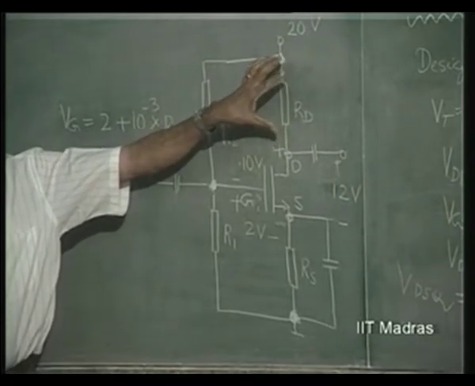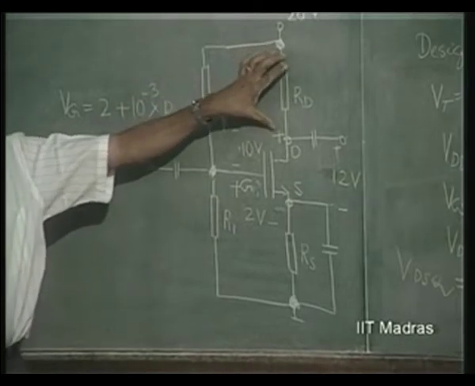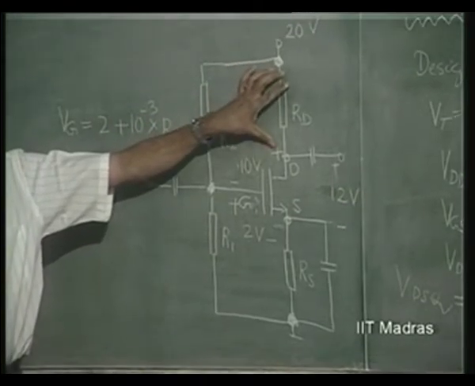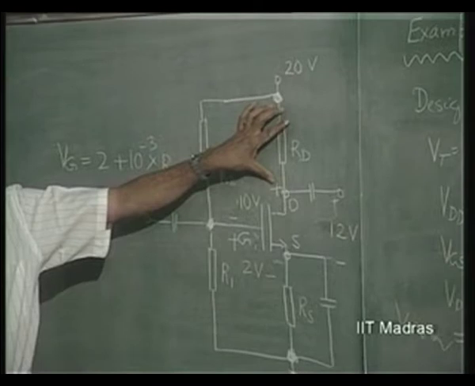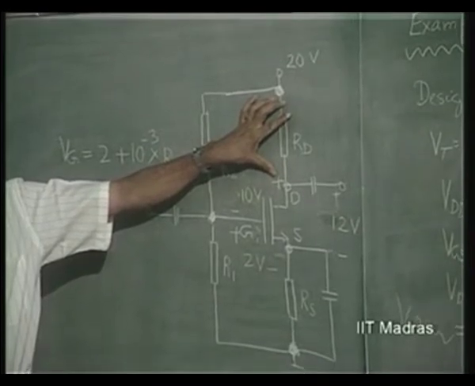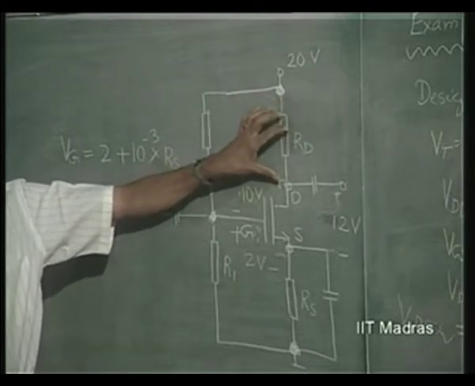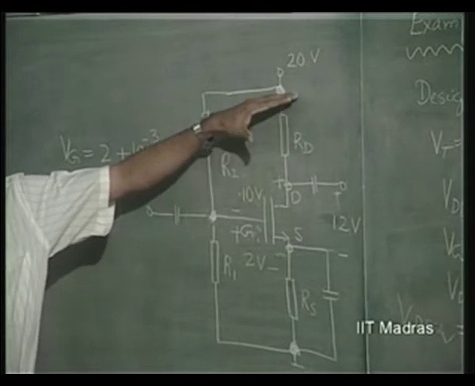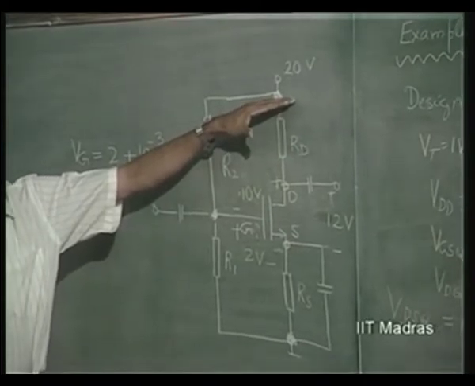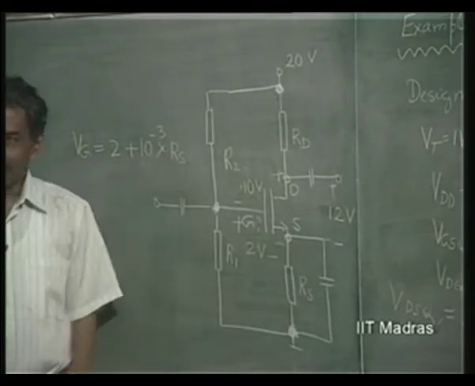Now, why I am emphasizing RD is, RD should be made pretty large, strictly speaking, in order to make the voltage gain, which is GM into RD into RDS divided by RD plus RDS, very large. So we have to have RD as large as possible, compatible with this idea.